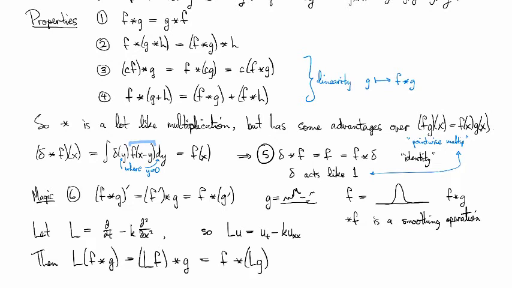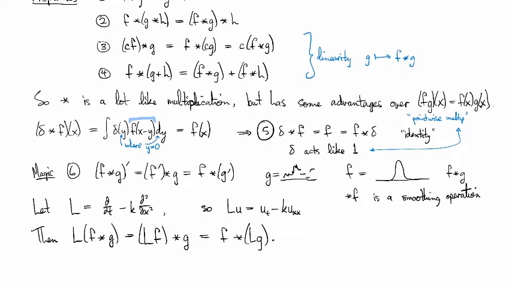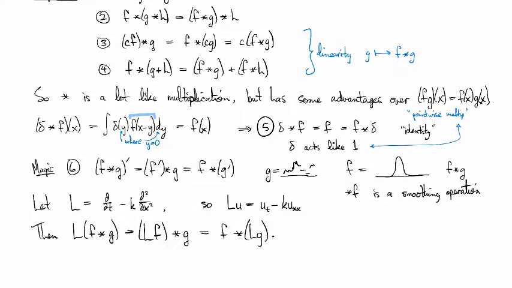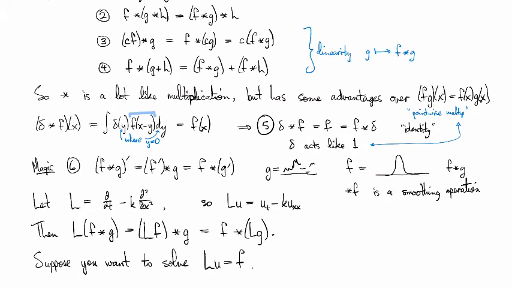Now that's really cool, because we can combine all of this stuff we have and make a great savings out of it. So suppose you want to solve some non-homogeneous PDE.